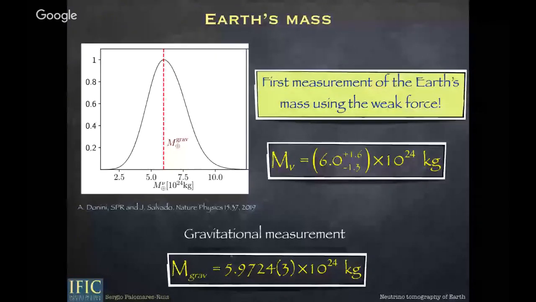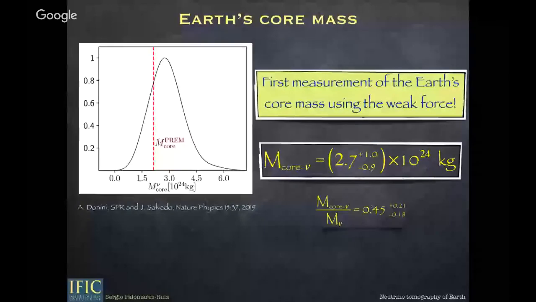Of course, it's very far from the precision that one gets with gravitational measurements. But we are able to see the Earth at more than 4 sigma with neutrinos. As I said, this is the first time the mass of the Earth is weighed with a weak force. Then we can also, for instance, measure the core mass, which is fully consistent with what one gets from the PREM profile.